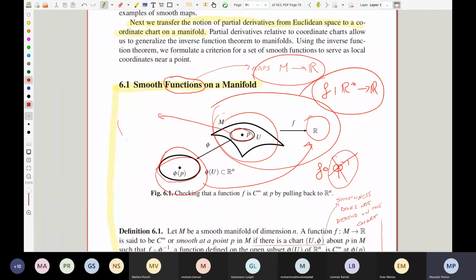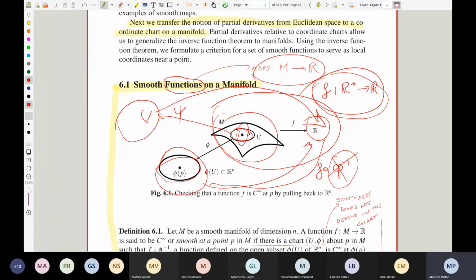I can have another U with another map, of another chart which still contains the point P. Can it happen that this map is smooth, but this map is not smooth? If this could happen, this would be a problem. We would say that our definition of smoothness is not well posed, not well defined, no? Because you must find the right chart.